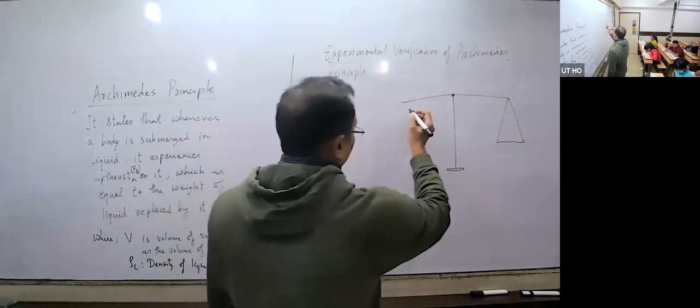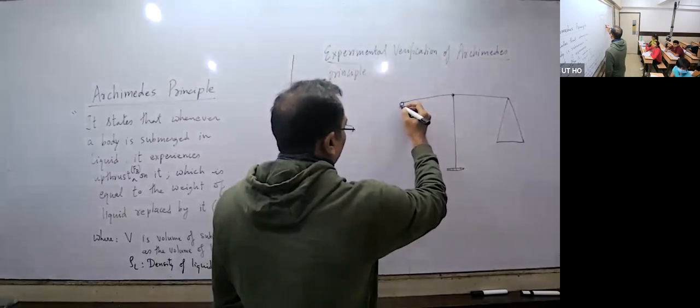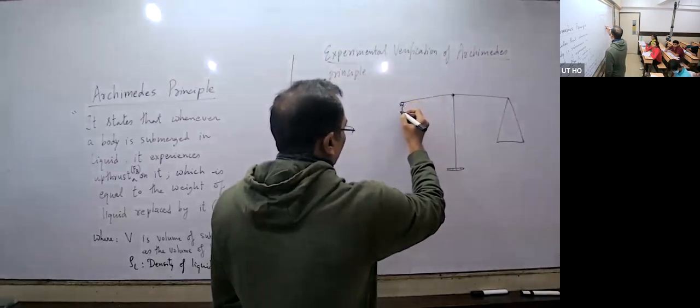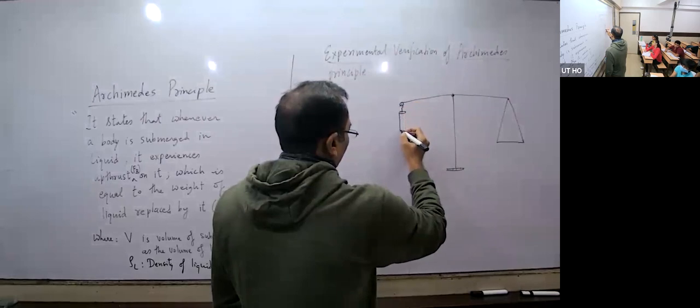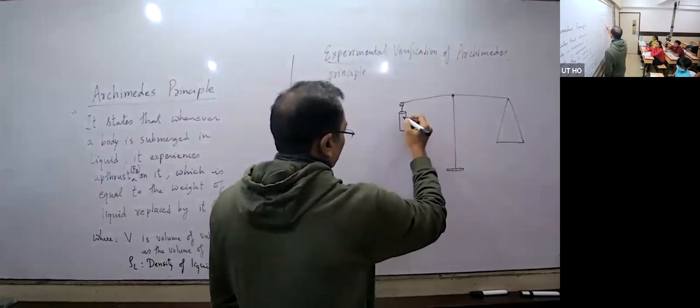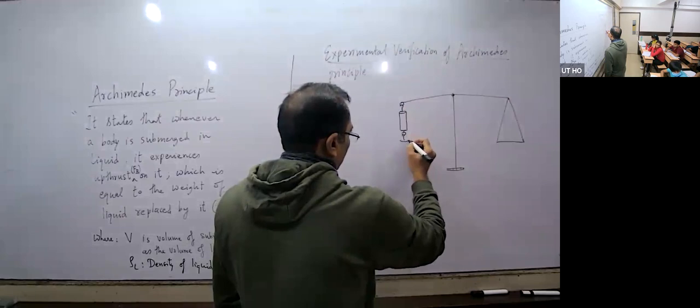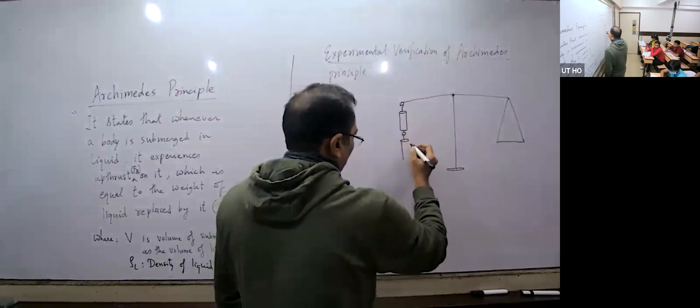So what we are doing is on the left side, we are hanging two cylindrical containers, right? This one is hollow, and there is an identical cylindrical container, this one is solid.